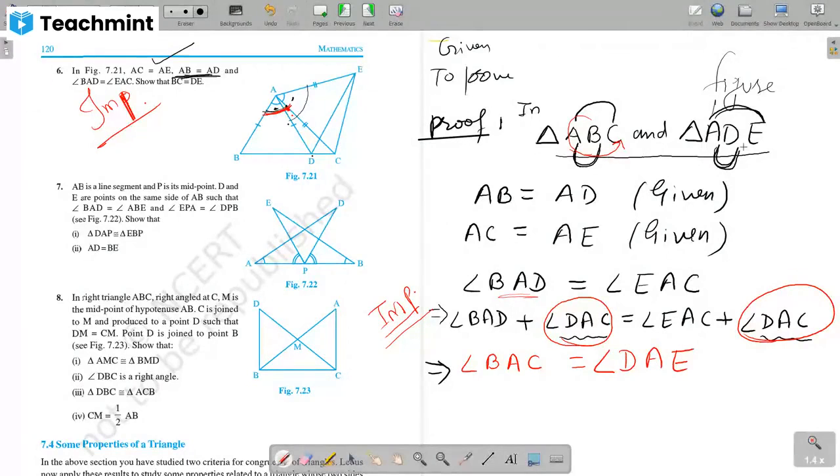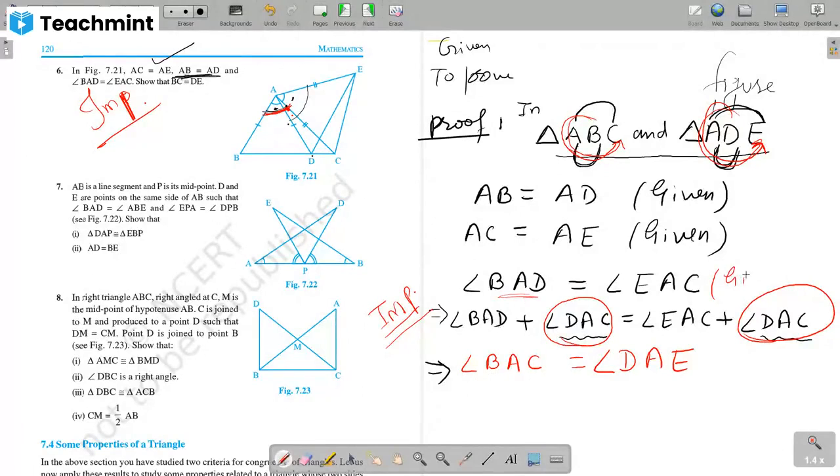Now see this DAE is here in triangle DAE. See the order. The order is BAC, DAE. The order is also the same. Clear? Anybody has any doubt?